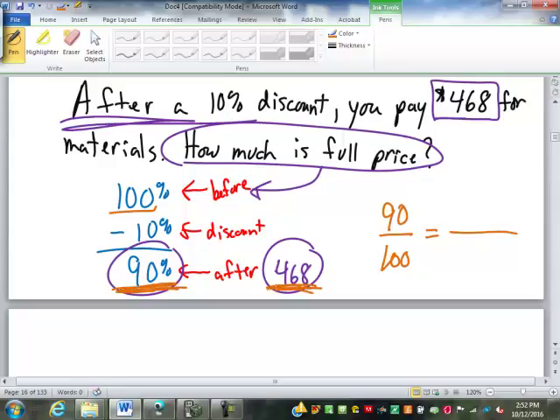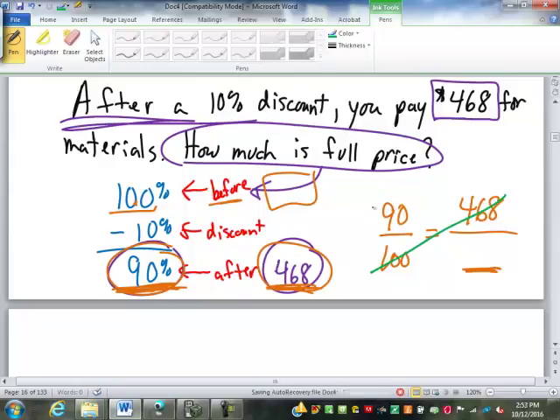Careful. Yeah, the 468 represents the after, which is also represented by the 90%. So the 468 and the 90% have to go together. We're looking for the amount before the discount, or the full price. That has to match up with the 100%. So that has to be down here. So we will cross multiply and divide.